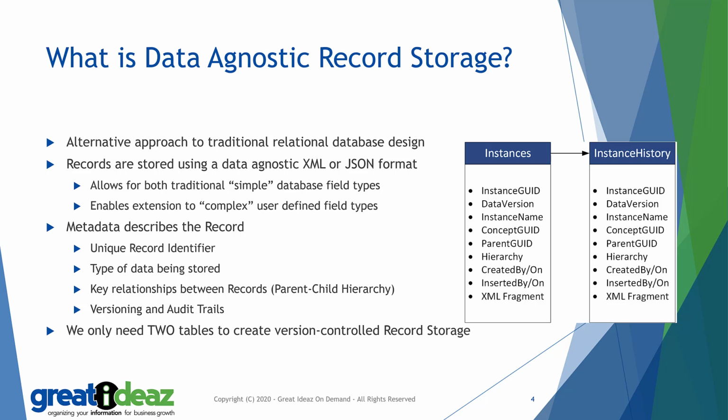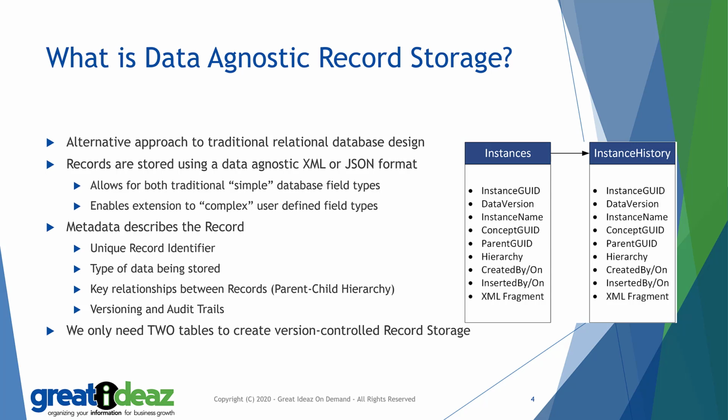So this is a key distinction between data agnostic record storage and the traditional relational database design. In a traditional approach, where I have 100 different concepts requiring 100 different tables, if I needed to create row-level version control, I would need to add an extra 100 tables.